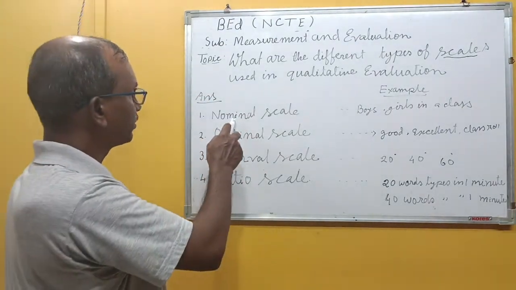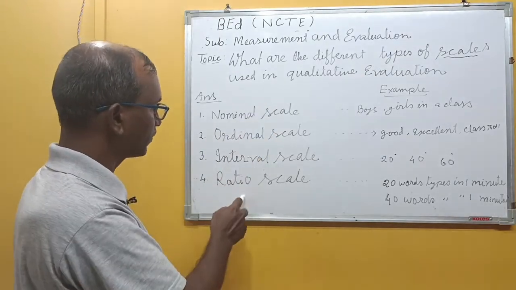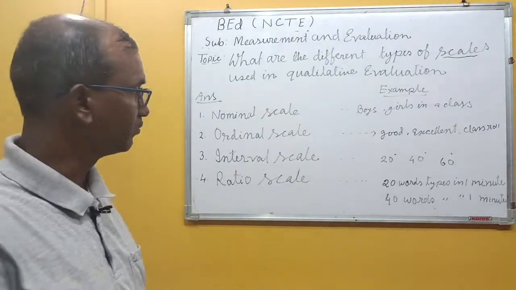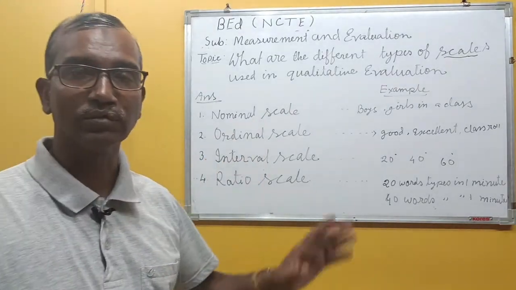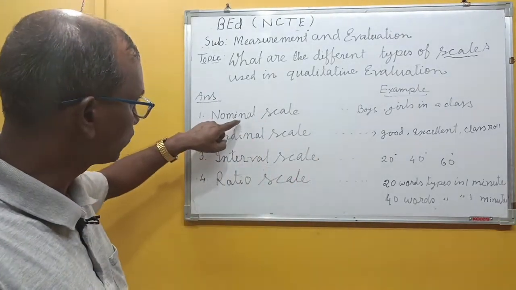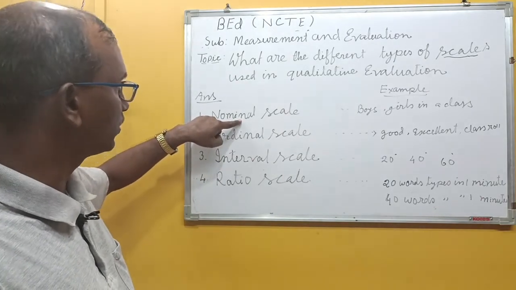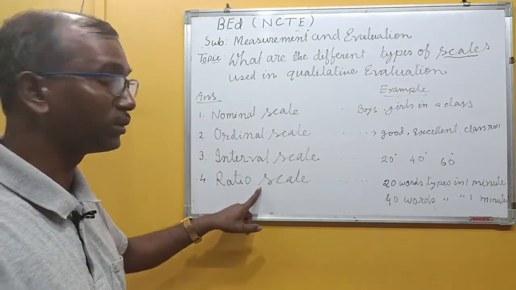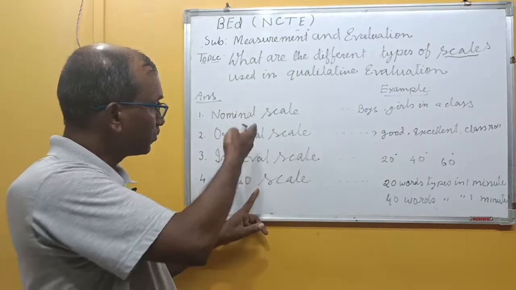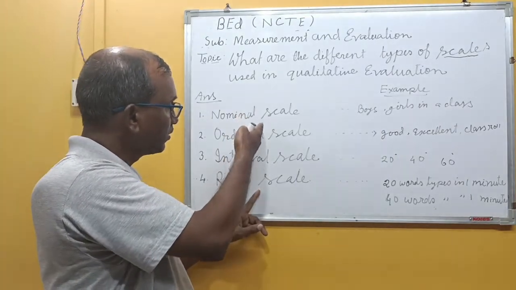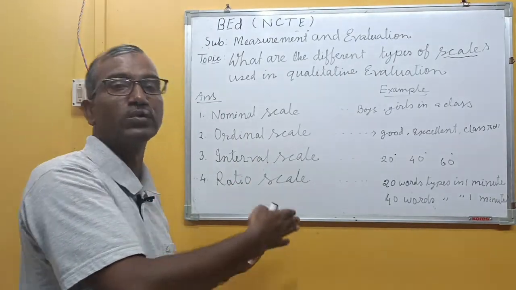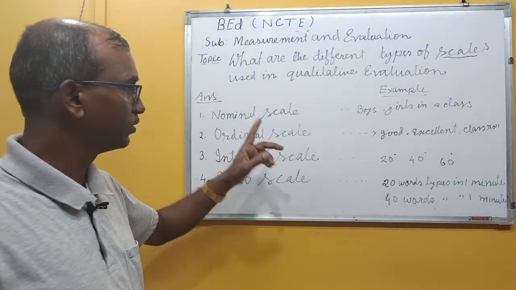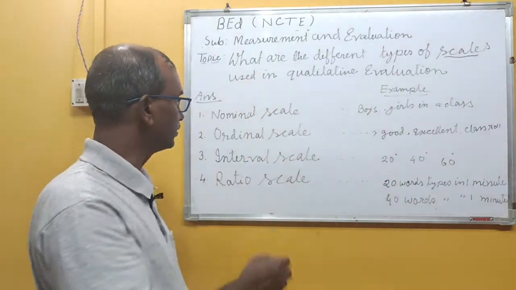You cannot write number 1 nominal scale, number 2 ratio scale, not like that, because there is a serial number in different scales. Slowly this one is low order scale, this one is higher order scale. So degree of lower and degree of higher come slowly, one after another. So you must maintain this serial.